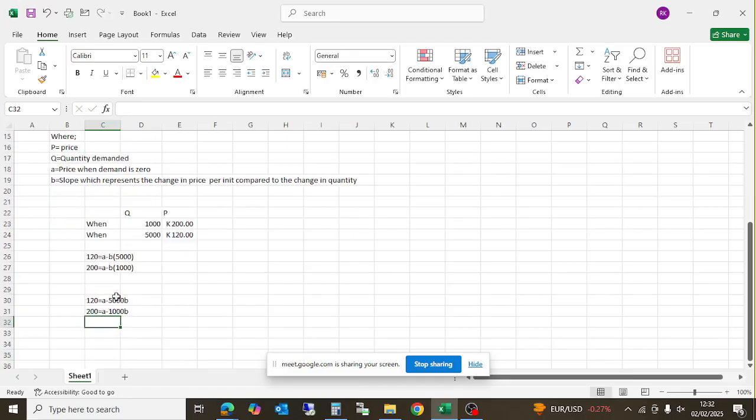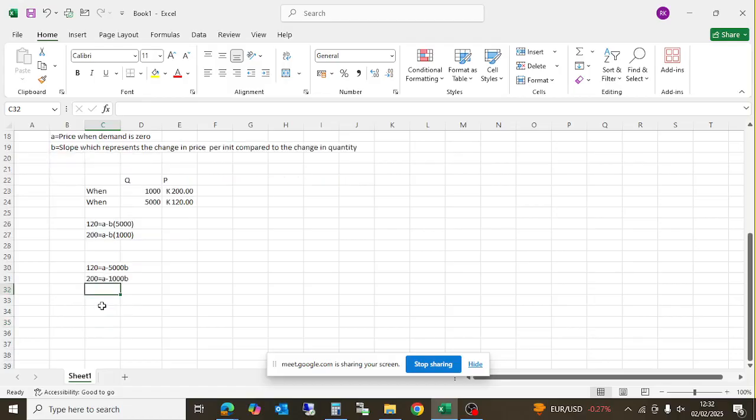How about we make this a simultaneous equation so that we find the value of A and also the value of B? How do we do it?